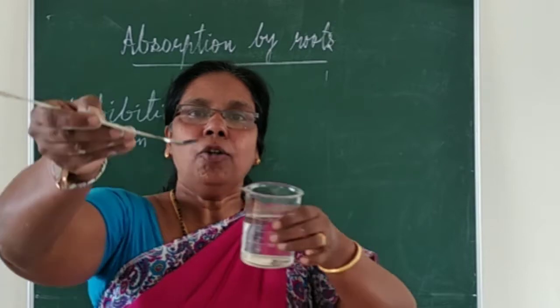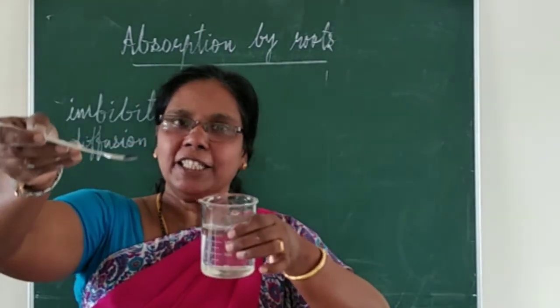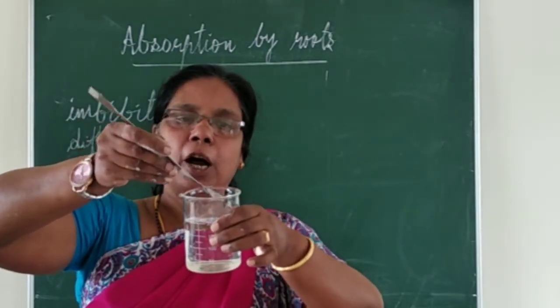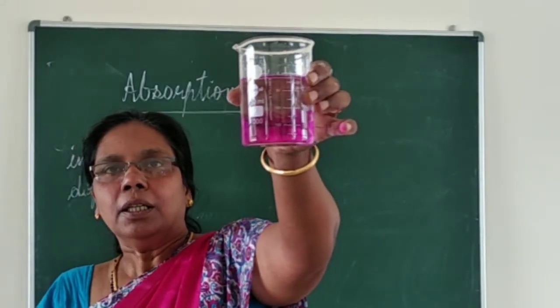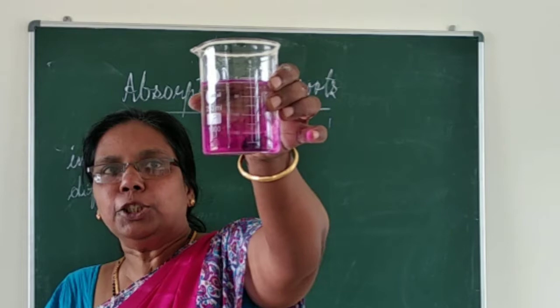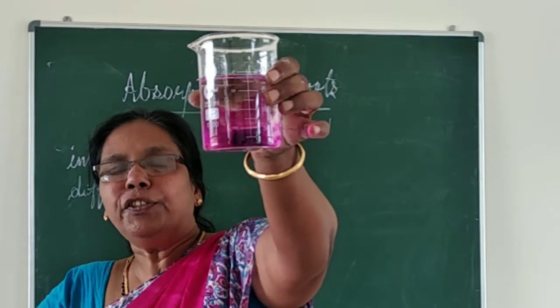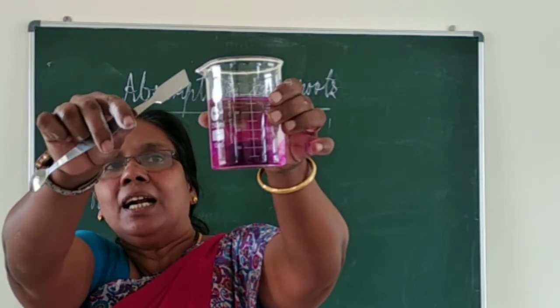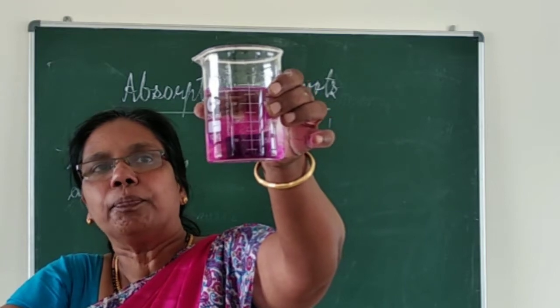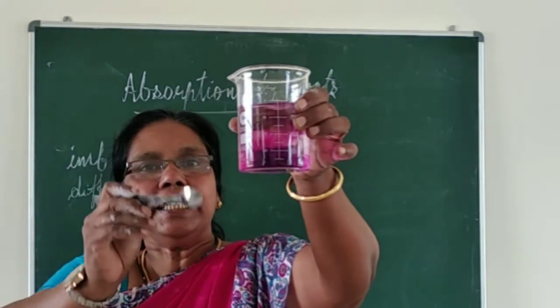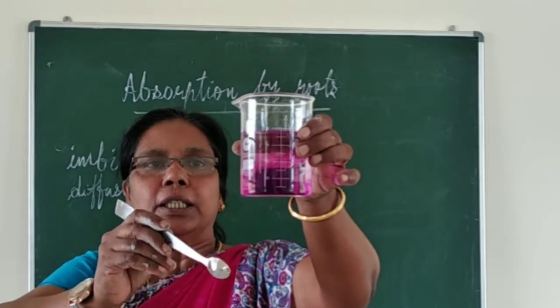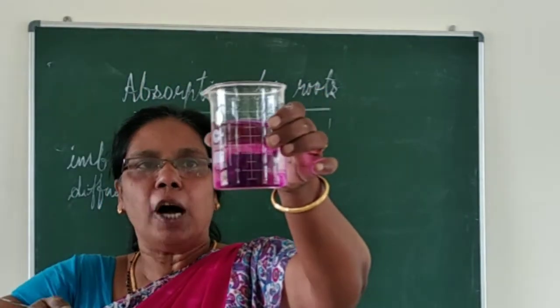You see, now I am putting this potassium permanganate in this water. You can see clearly what is taking place in this process. Yes, that is diffusion. You can see slowly the color spreading everywhere. Potassium permanganate is the solute I am putting in this water.